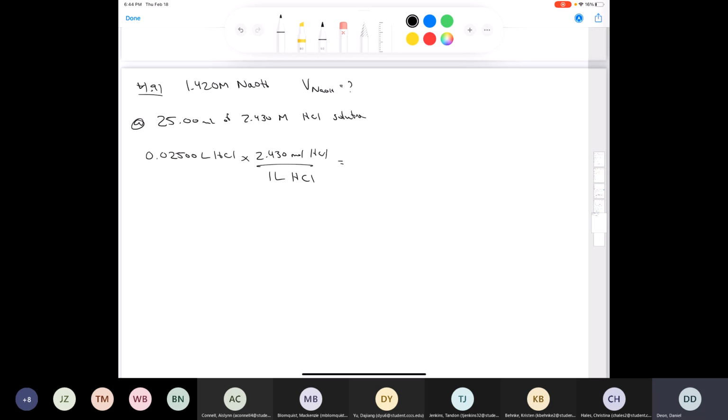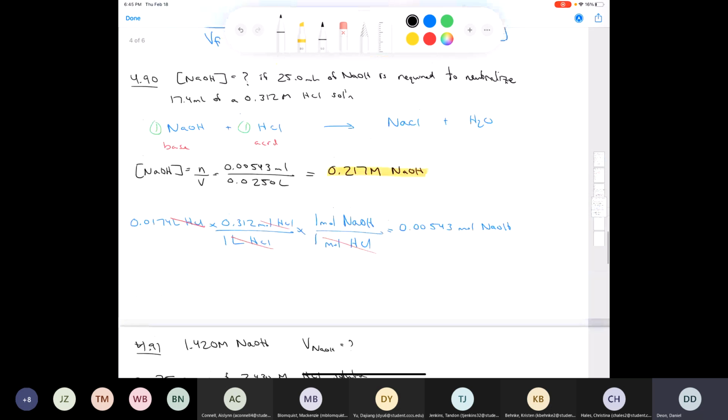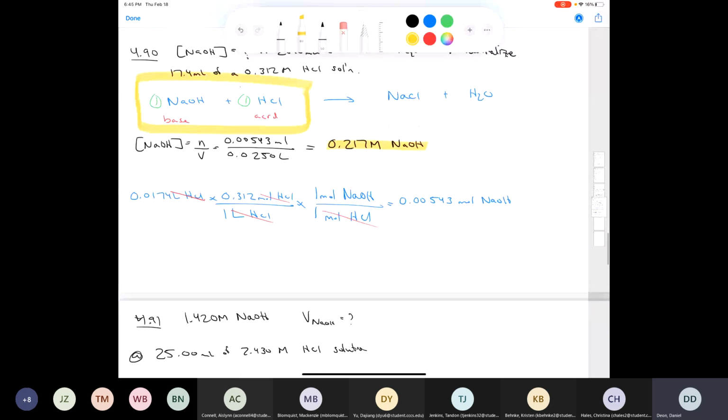So if we take 2.430 multiplied by that, we end up with 0.0608. No, we should have 46, shouldn't it? 6075 moles of HCl.